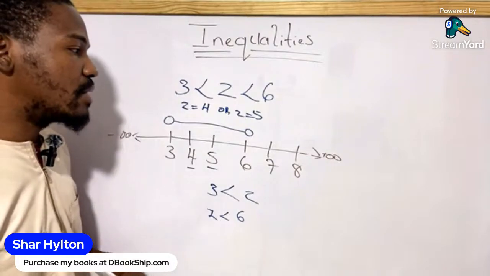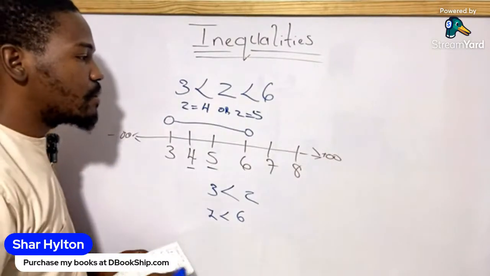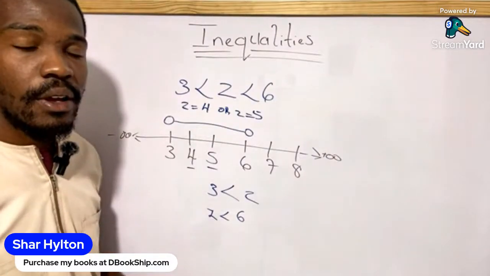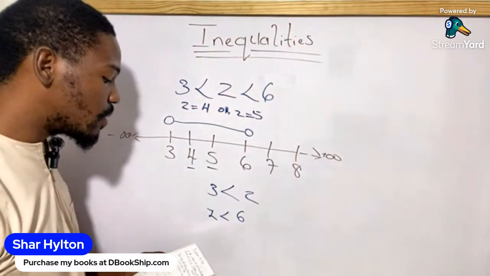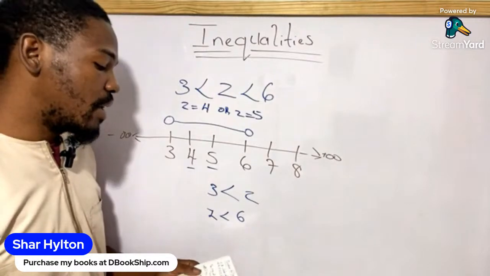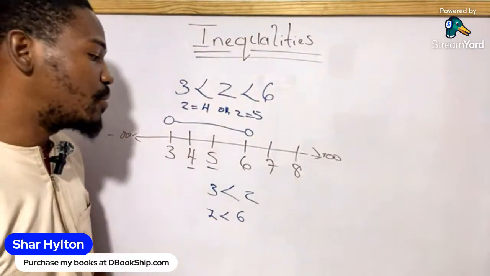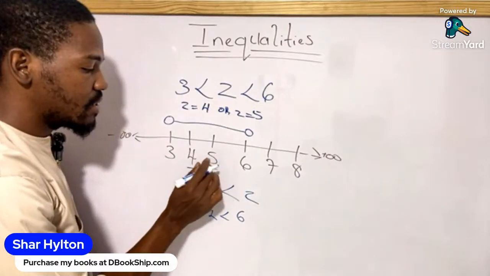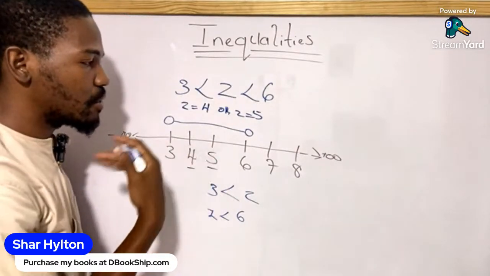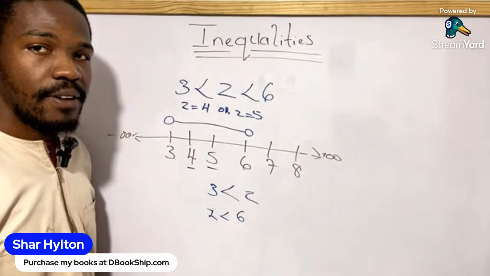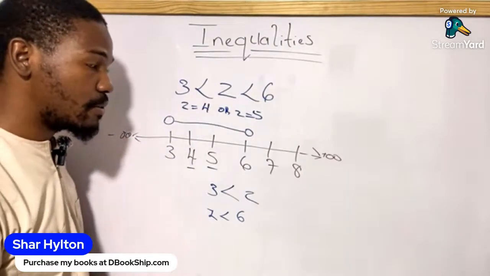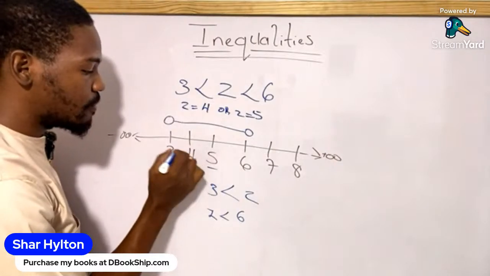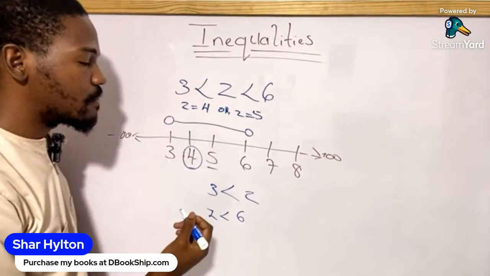But there's something that I want to say. Say, for example, you're given a question to say that z is a factor of 24. Now, give the value of z wherein that might be true. If we look at the values that we received here, z could be 5 or 4. 5 is not a factor of 24, but 4 is a factor of 24.